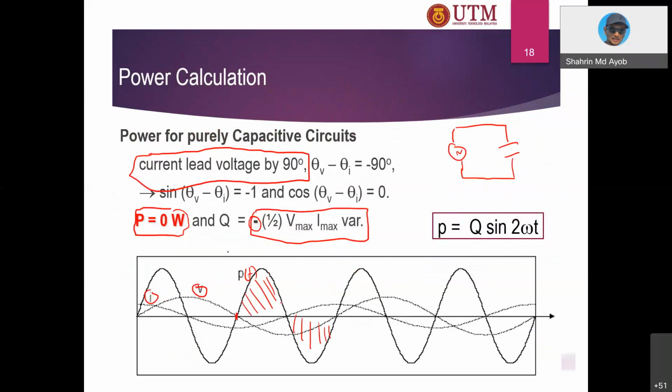So if you average over one period, your average power is 0. That's why you have 0 watt here. So this is the important part: for the capacitor load, the current is always leading the voltage by 90 degrees.